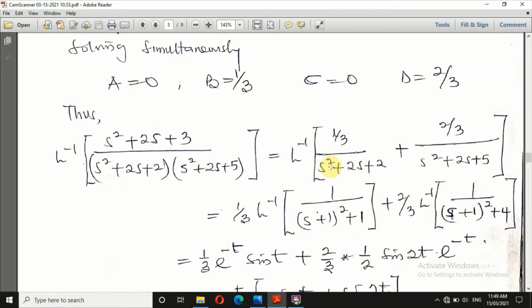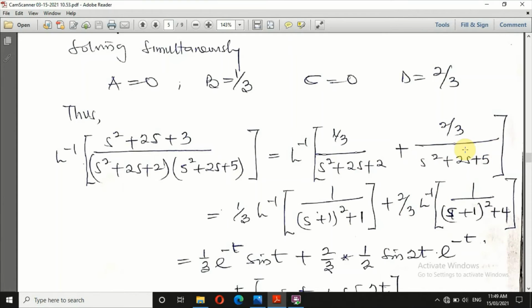I can express this one in terms of a square. Remember, I was trying to do this during one of our classes. Can you see now here? This is x squared, this is plus 2x, right? To make this a perfect square, I break this one into 1 plus 1, because I know that 1 squared will make the remaining a perfect square. So this 2 over 3 will come outside.